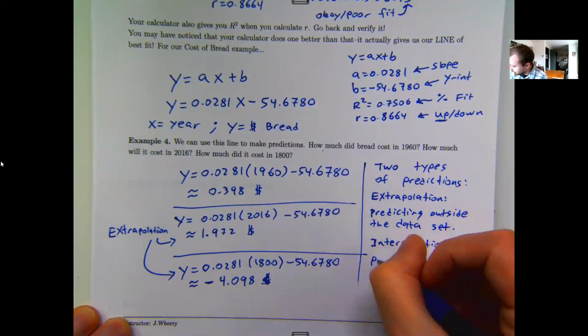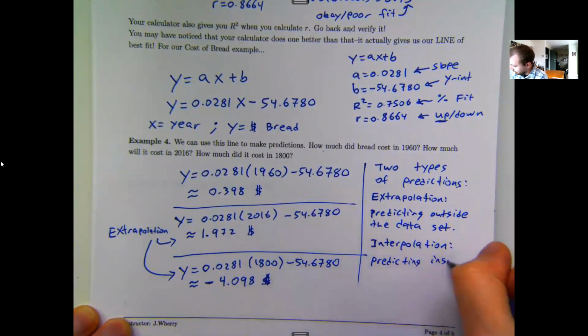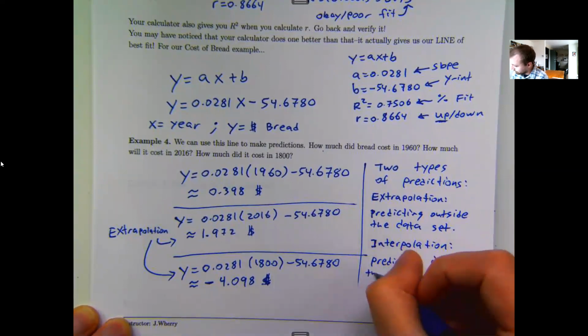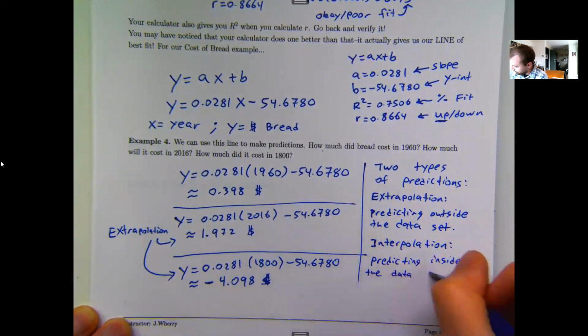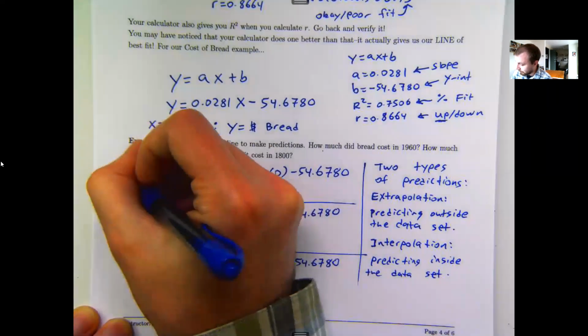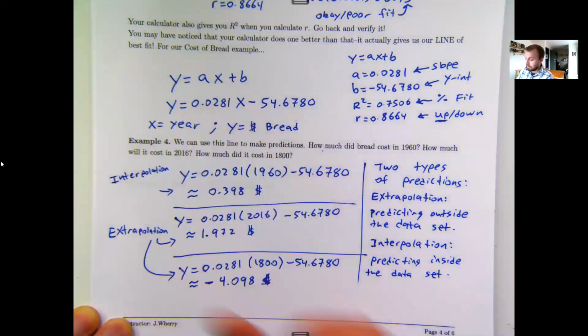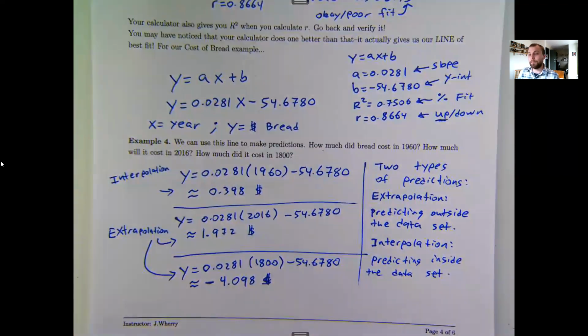So this is predicting inside the data set. But even this type of prediction will not be perfect. We're going to see that error is an unavoidable part of making these predictions.